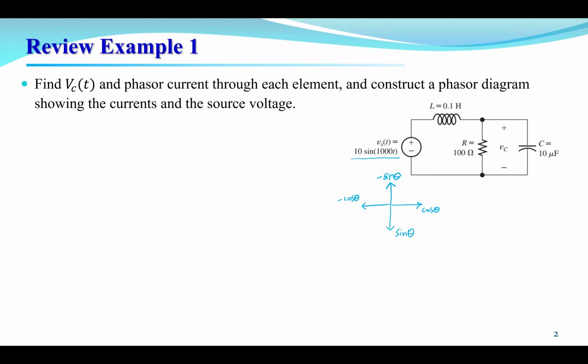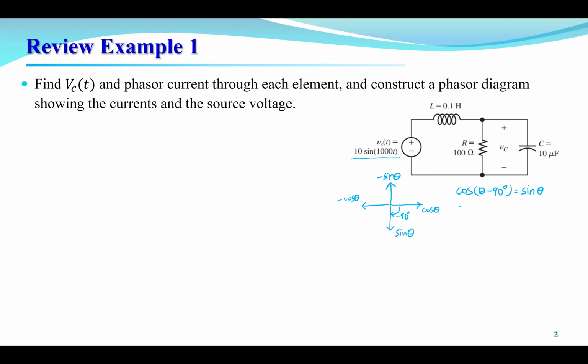Because we want to convert sine to cosine, on this plot we start from cosine, and the direction of the angle is clockwise, so it's minus 90 degrees. So we have a relationship here: cosine of theta minus 90 degrees equals sine theta. Because we want to convert to cosine, we start from cosine.